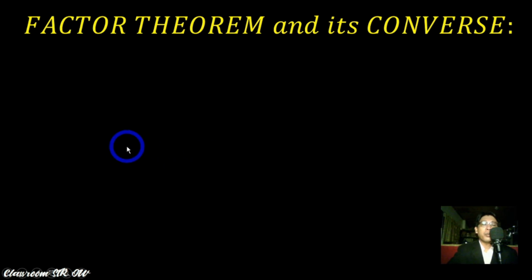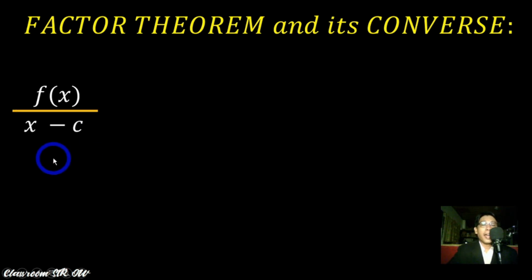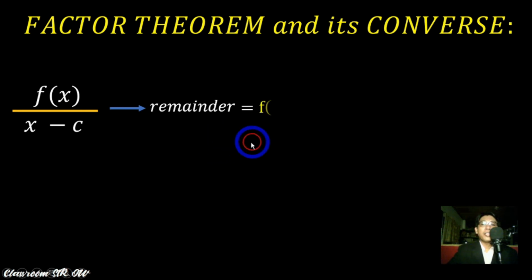In the remainder theorem, if we have a polynomial function in x divided by x minus c and we are looking for the remainder, it is equal to f of c. This c is the value of x that we substitute into the polynomial function to evaluate it.